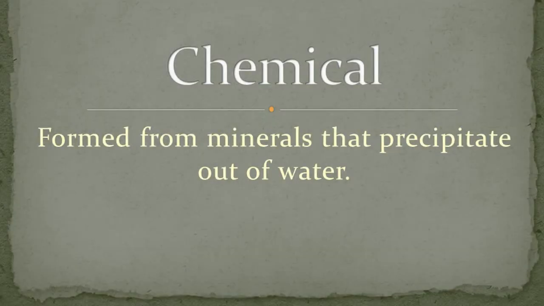Sedimentary rocks can also be classified as chemical, which means that they are formed from minerals that were dissolved in water, but became so concentrated that the minerals came out of the liquid and solidified. This process is called chemical precipitation.